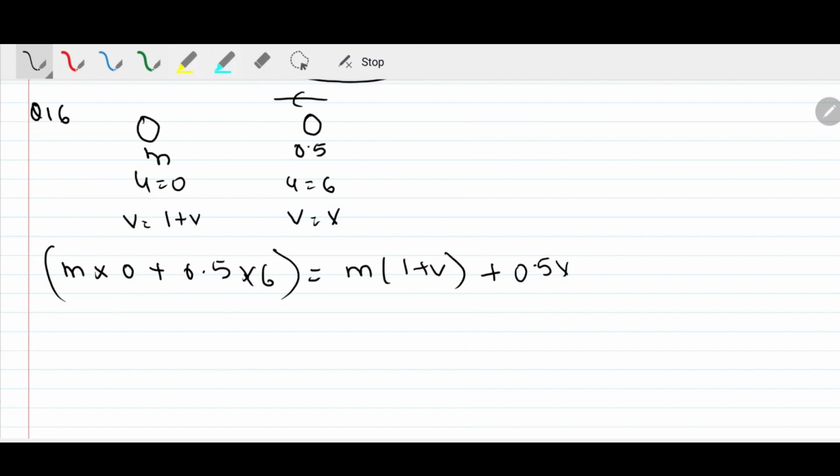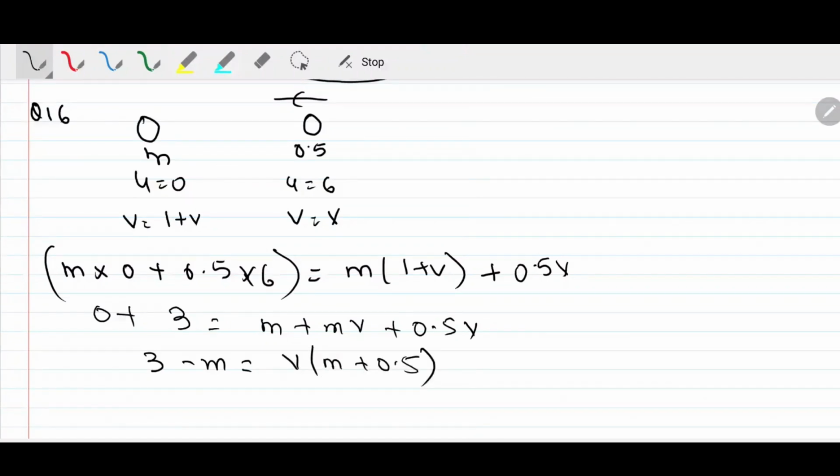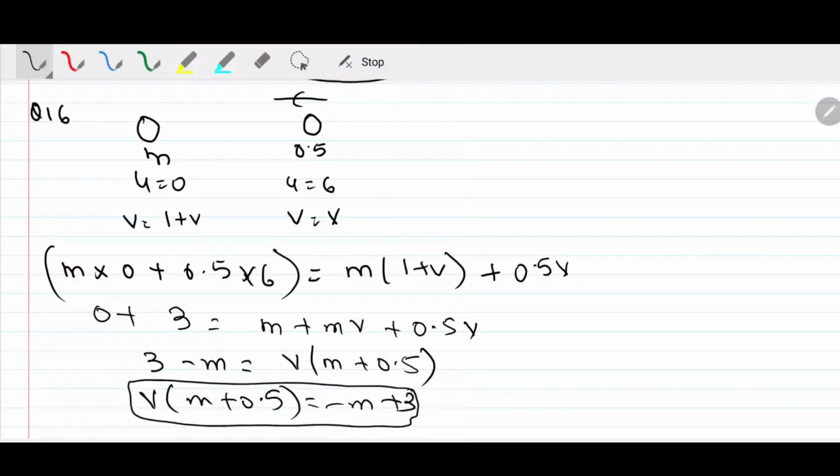So this becomes 0 plus 3 is m plus mv plus 0.5 v. 3 minus m is v m plus 0.5, and I think that is what we need to show. V m plus 0.5 is minus m plus 3. So this is shown. This was 16 part 1.